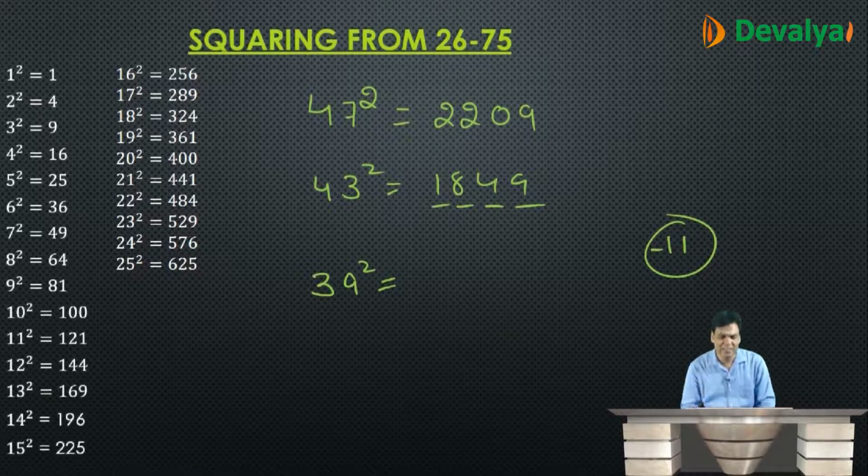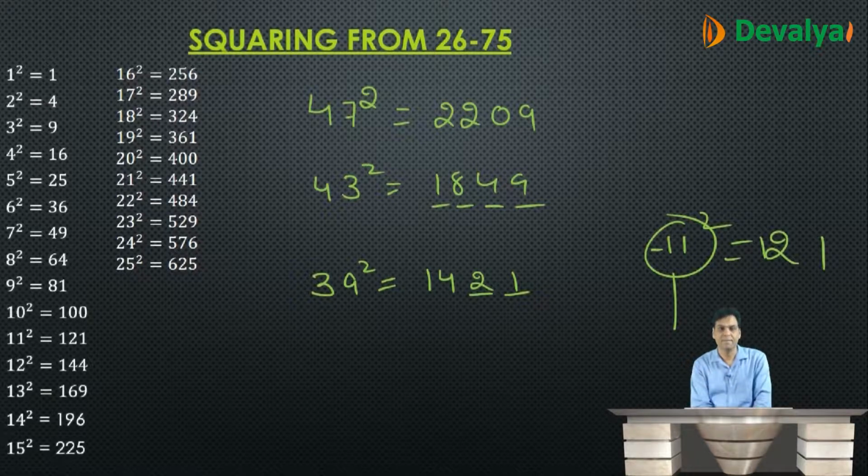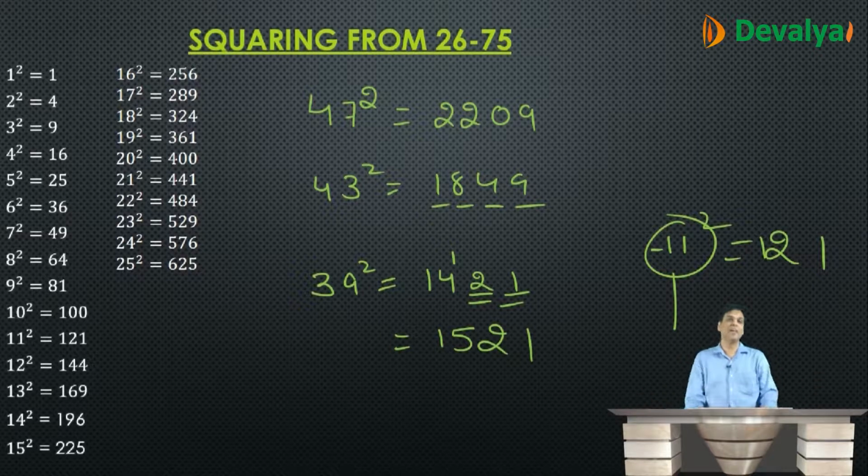I subtract this negative 11 from 25, the answer is 14. But the square of 11 is 121. Here the problem arises. It's a 3-digit number and I have only 2 places. So I write 21 here and carry 1. So it becomes 1521. The square of 39 would be 1521. Let's take another example.